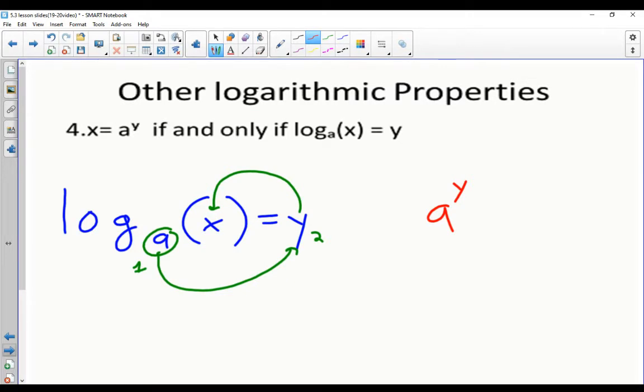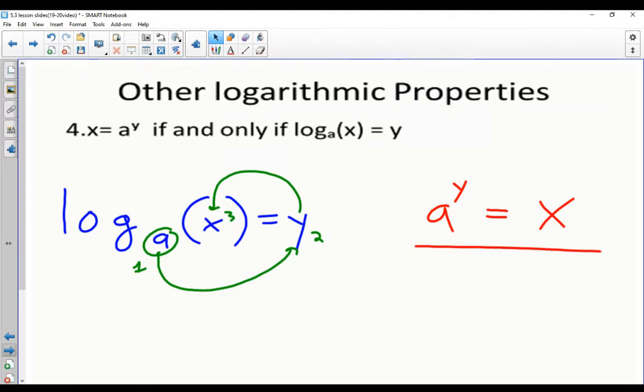And you would rewrite that part as the power. And then that's going to be equal to the third part of the loop, or in other words, the X. So the loop method would have you rewrite the equation like this, where the A came first, the Y came second, and the 3 came last, or the X came last.